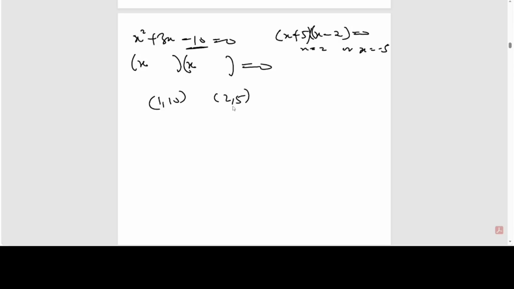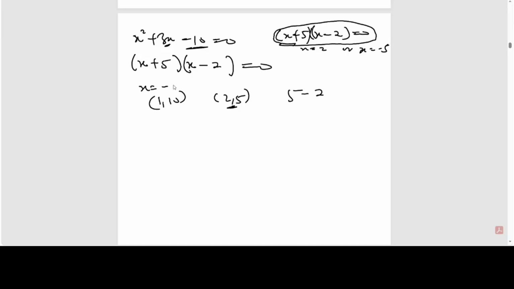Then find which one of them you can combine to get 3. That's 2 and 5. So how do we combine 5 and 2 to get 3? It's going to be 5 minus 2, so positive 5, negative 2. So put plus 5 here and minus 2 here. And we get the same expression over here, same equation. And then we continue the rest.